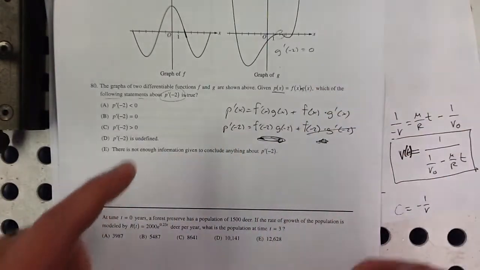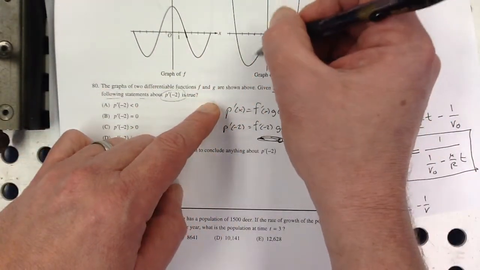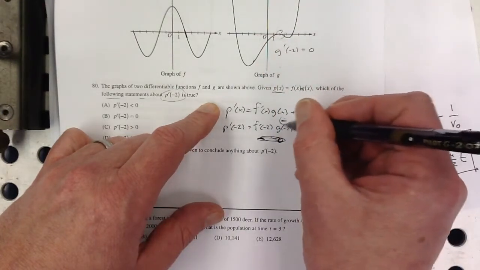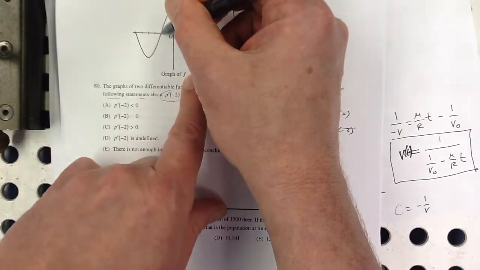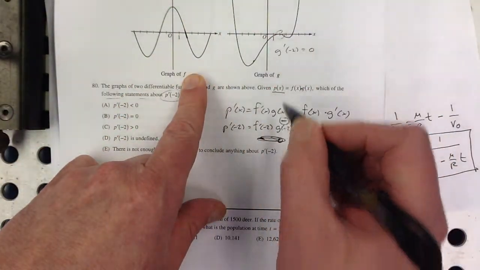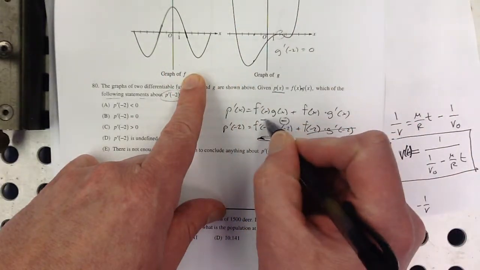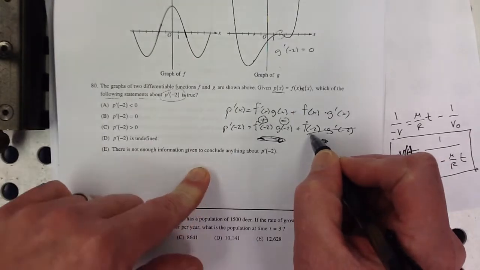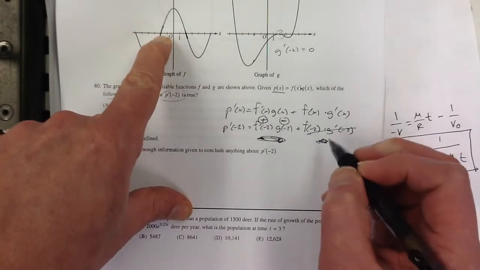Okay, so let's try this again. So g of negative 2 is a negative number. F prime of negative 2, that's a positive slope there. That's a positive number. F of negative 2, oh, that's the one that's 0, right?